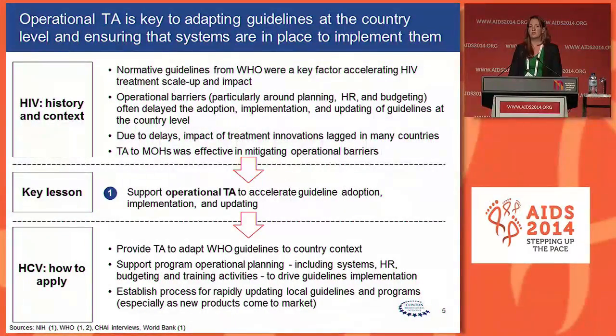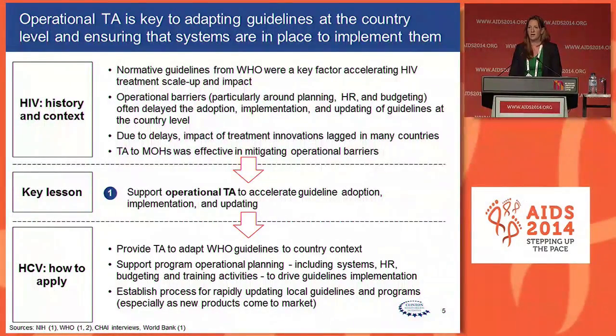However, it's not just as simple as having the global normative guidance. There actually is a tremendous amount of technical assistance that CHI and other partners provide and work with countries in terms of actually adopting those guidelines to country context, thinking through some of the operational barriers. Marrying operational barriers and treatment guidelines is very key.